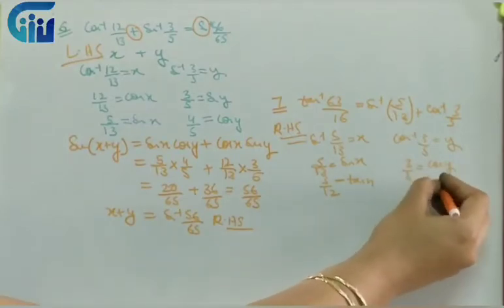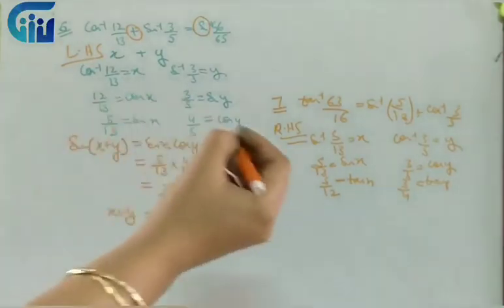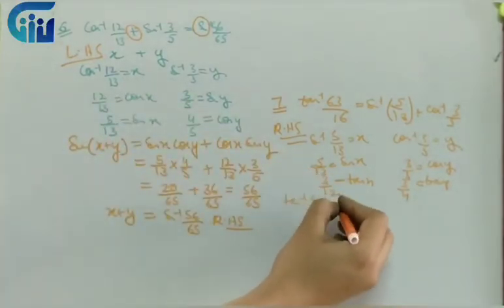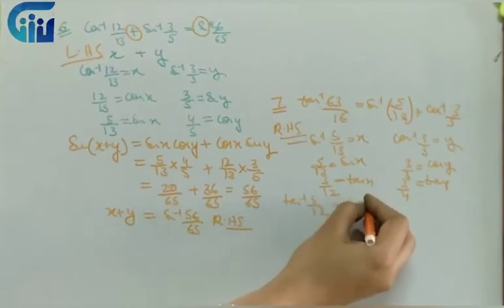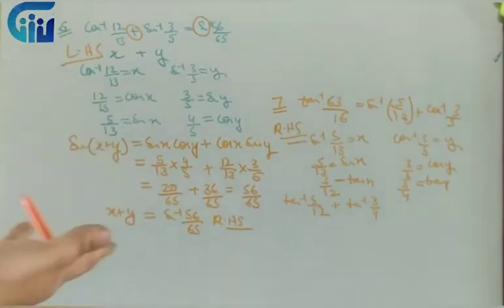So my tan y will be 3 by 4, right? So my right hand side will change to tan inverse 5 by 12 plus tan inverse 3 by 4. Now we have formula of tan inverse x plus tan inverse y. Over here, since CBSE, NCERT has not given us the formula of sine inverse x plus sine inverse y and cos inverse x plus cos inverse y.